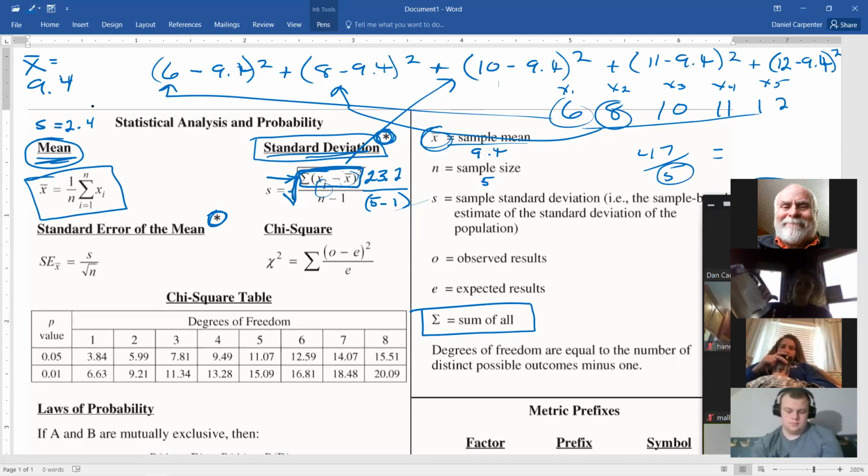So you're not going to have to do these on an actual test, but you do have to have some idea of where it comes from, and therefore some idea of what it means. Now, standard deviation. We did this complicated formula, and what did we come up with?